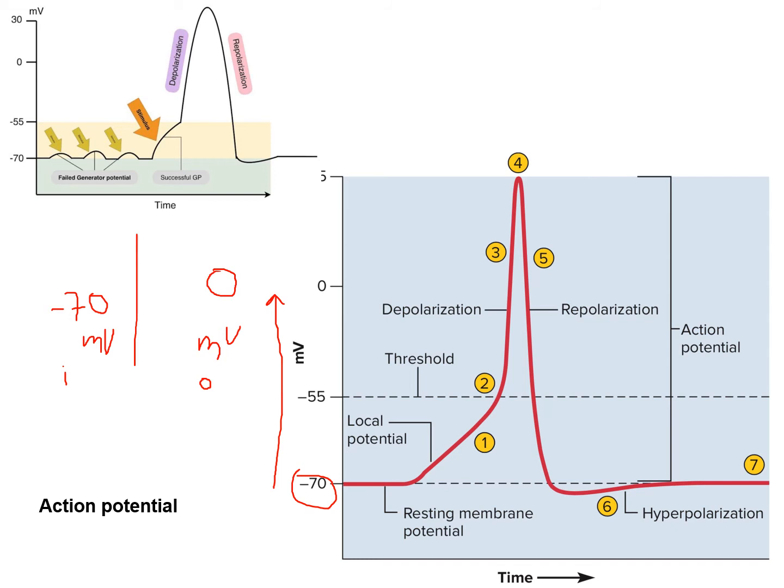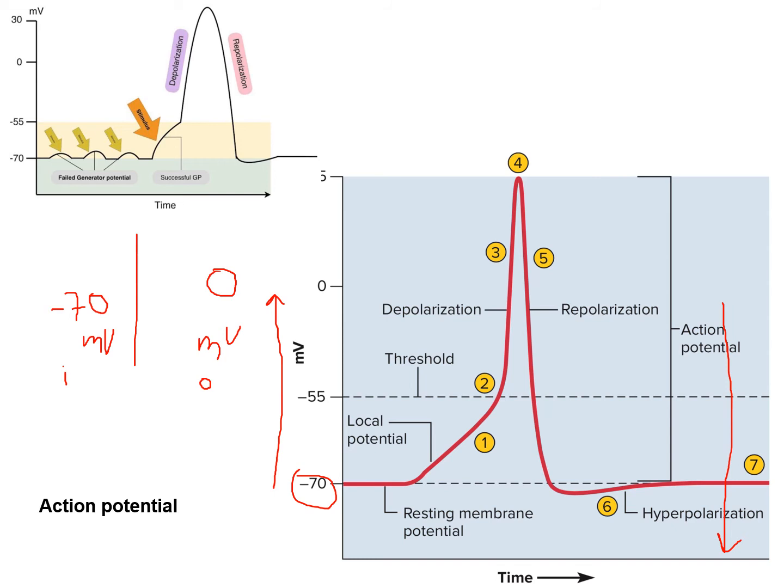So that means I'm depolarizing my cell. While if I go down towards minus 70 or more negative values, then I am polarizing the cell again. So I am repolarizing the cell. And that is why we call it depolarization and repolarization.